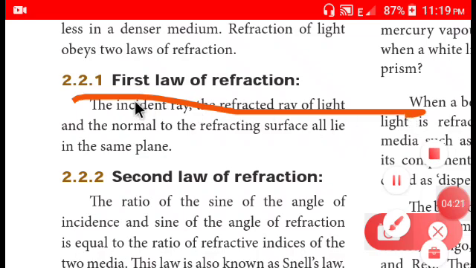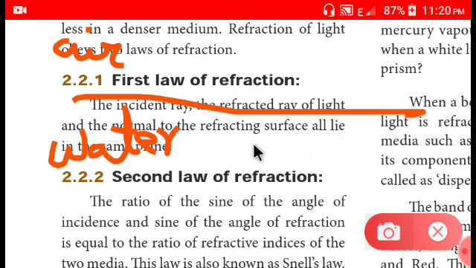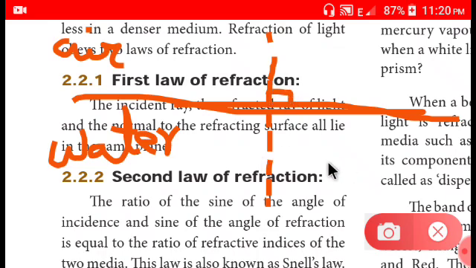So what they are going to say here is very simple. Take this as the interface between two media, that is air and water. Normally if you take a water tub, the upper portion will be air and the water-containing portion is water. And this is the interface. We are going to draw the normal, which is always perpendicular to the interface or the refracting surface, and this is the incident ray.